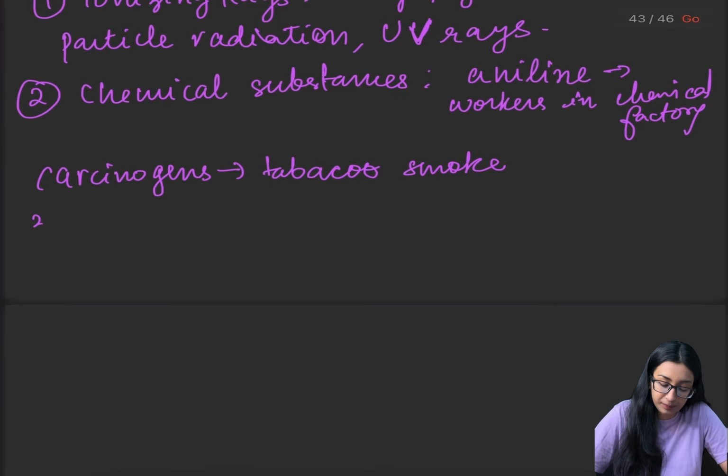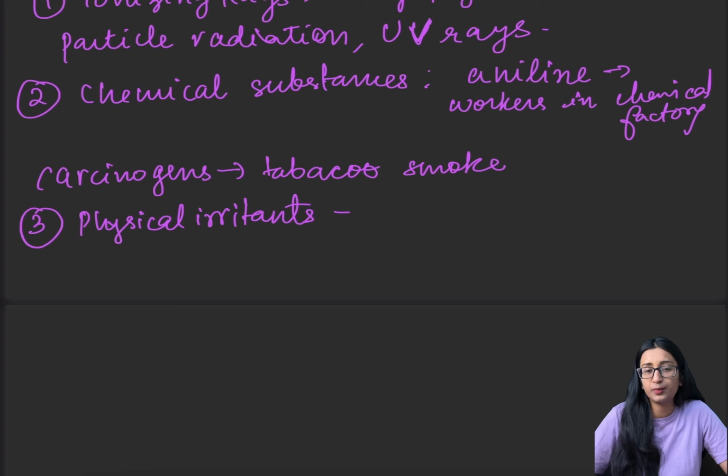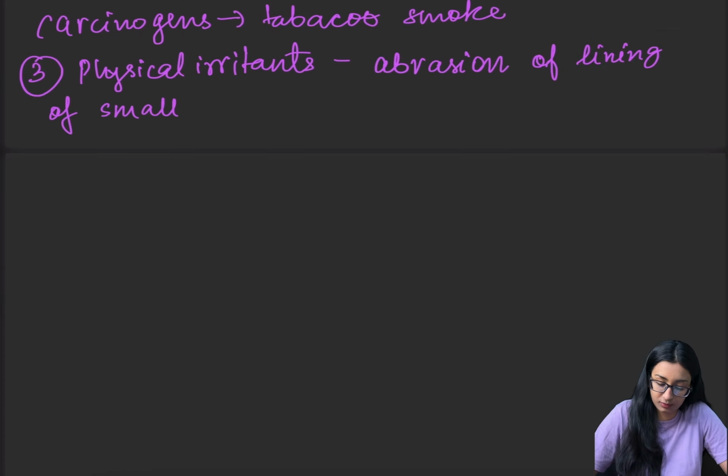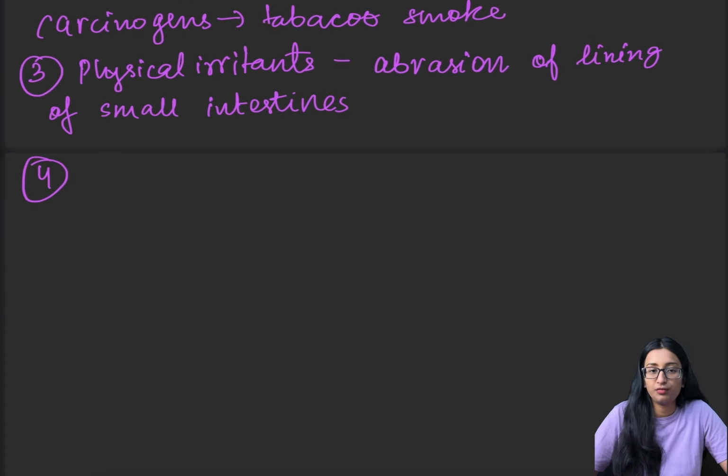The next is physical irritants. For example, there could be some type of food which is causing abrasion of the intestinal lining, and further it will lead to cancer. Another factor is heredity from the gene. If your mother, father, or even anyone in your family has a history of cancer, then you might be susceptible to cancer.